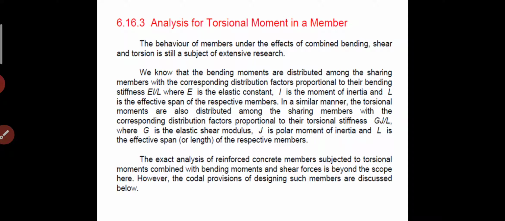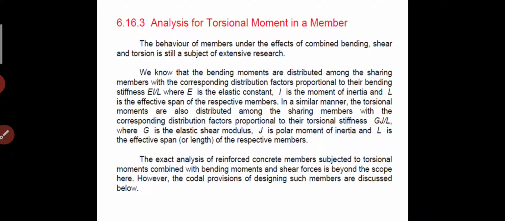Analysis for torsional moment in a member. The behavior of members under the effect of combined bending, shear and torsion is still a subject of extensive research.